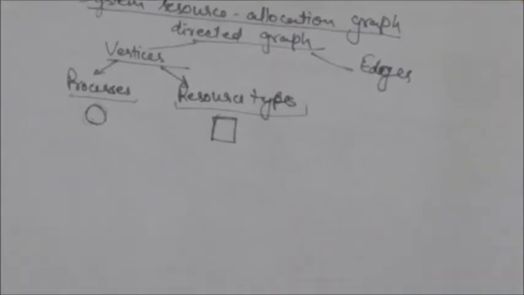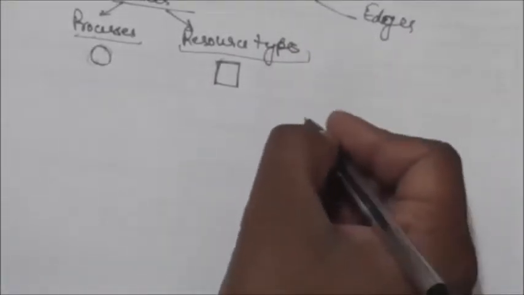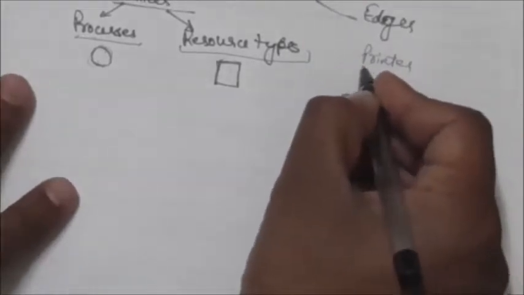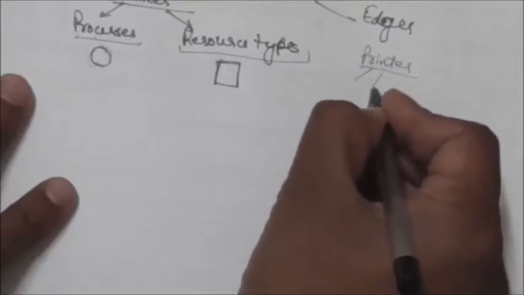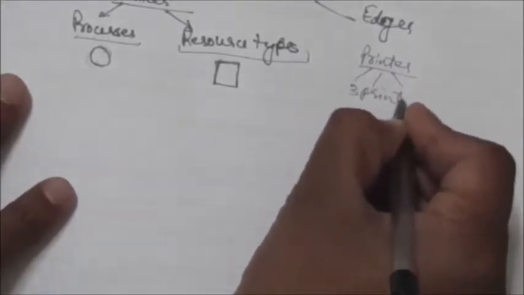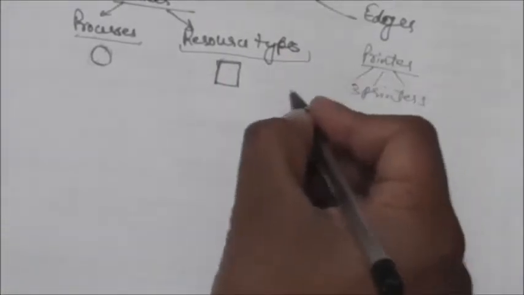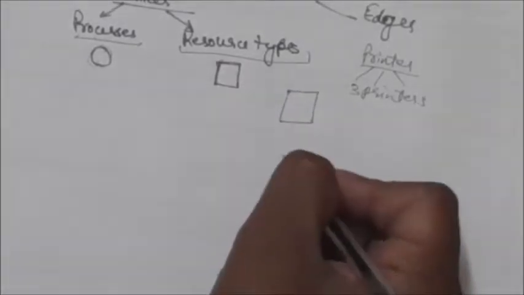Now, a resource type may have more than one instance. Suppose the resource type is printer. So we may have two printers or we may have three printers. In a system resource allocation graph, the resource type printer will be represented by a rectangle.